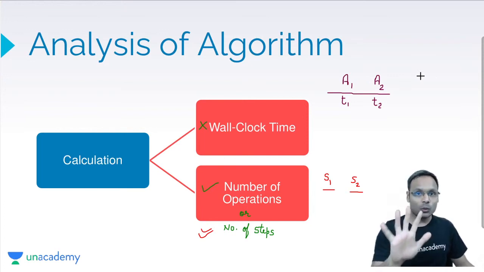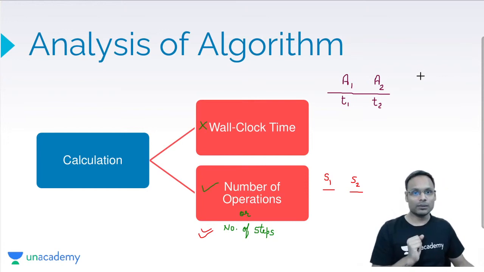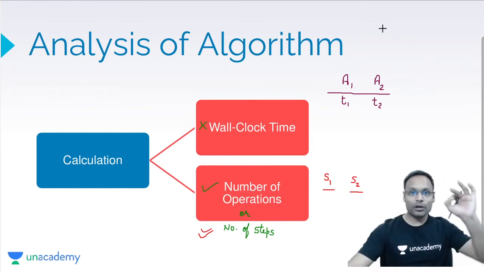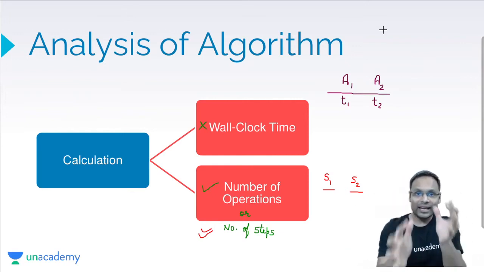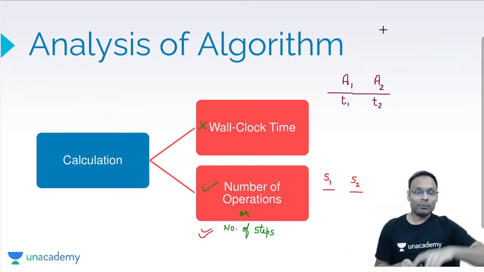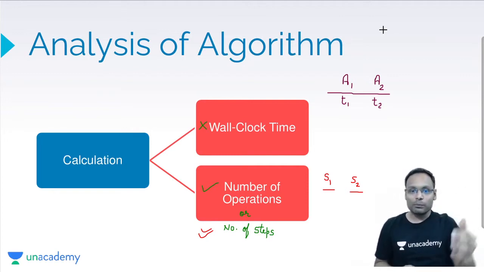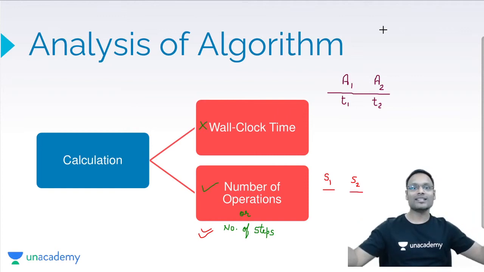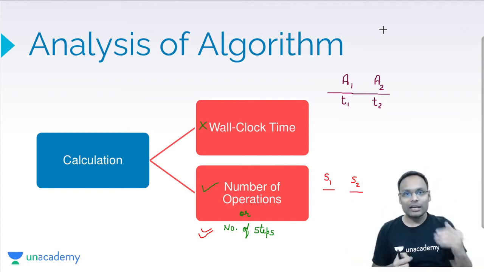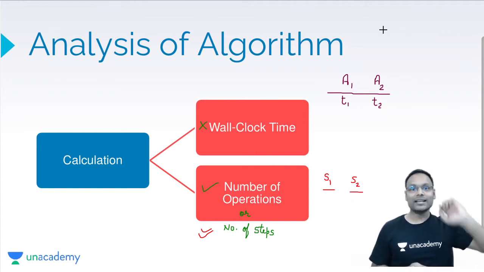Why can't you compare? Just because it might be possible that for a very small number of inputs, your algorithm will take almost the same number of steps, but when you increase the number of inputs, the number of steps performed by the two algorithms can change drastically or increase drastically.